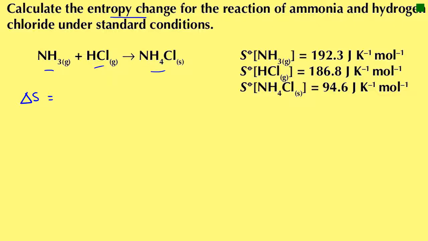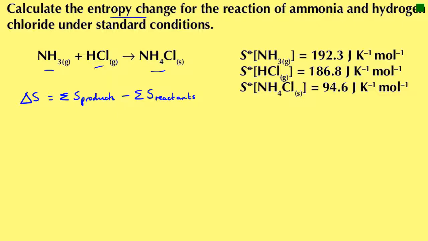So we can write the sum of the entropy of the products minus the total entropy of all the reactants. That's the formula we're going to use, and you do well to remember it.